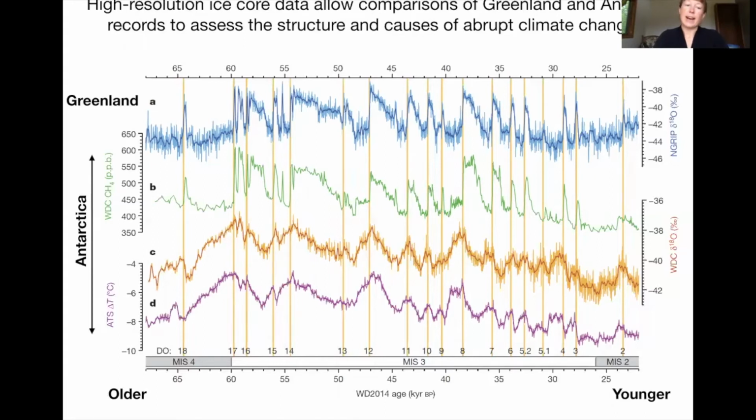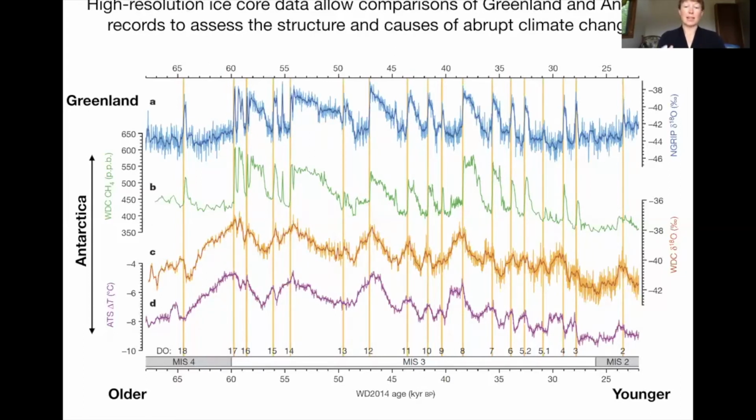Then if you look at methane in green, the methane record, gosh, it looks a lot like the Greenland temperature record. It doesn't look at all like the Antarctic record. So when you see those peaks in the Greenland temperature record, you see peaks in the methane record. One for one, as you go across and look at those where those lines have been drawn in to line up the events, the methane is really closely tracking the temperature in the northern hemisphere, even though we're measuring it in Antarctica, right?